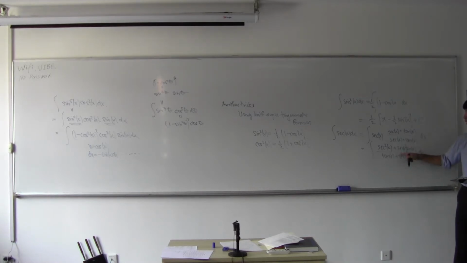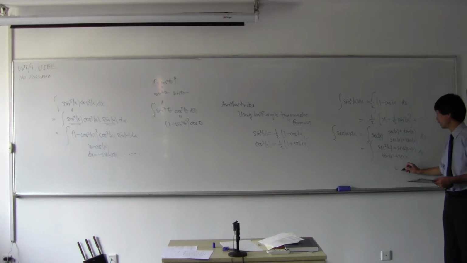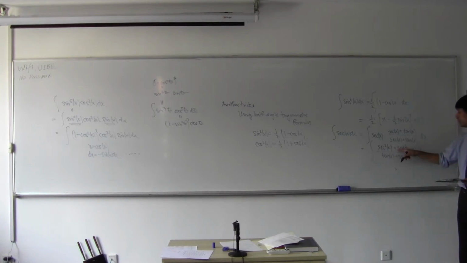You see the relation between the top and the bottom. Does anyone happen to see the relation? Right, yes. You see that the top is the derivative of the bottom.